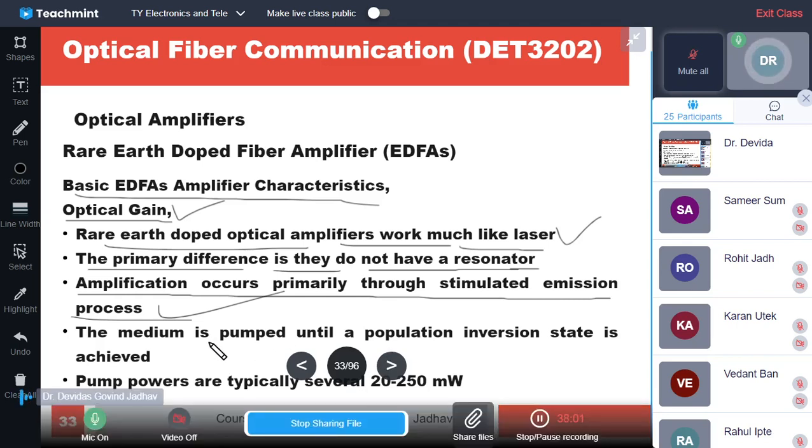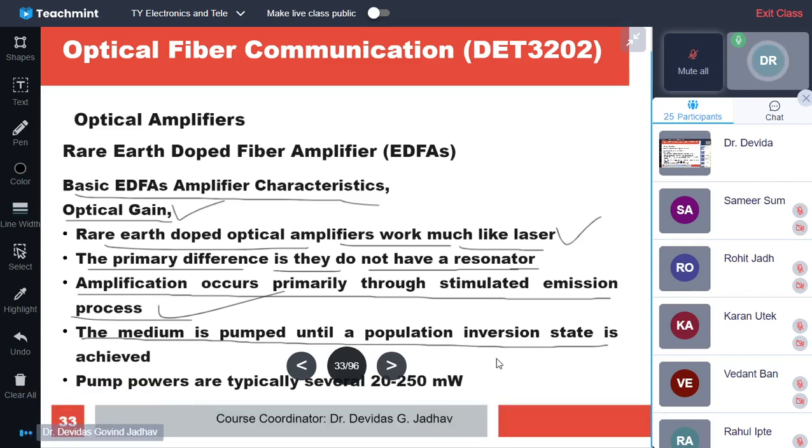Then the medium is pumped until the population inversion state is achieved. Population inversion is created in the material so that the higher energy state has more atoms than the lower energy state, and this is achieved with the help of pumping.